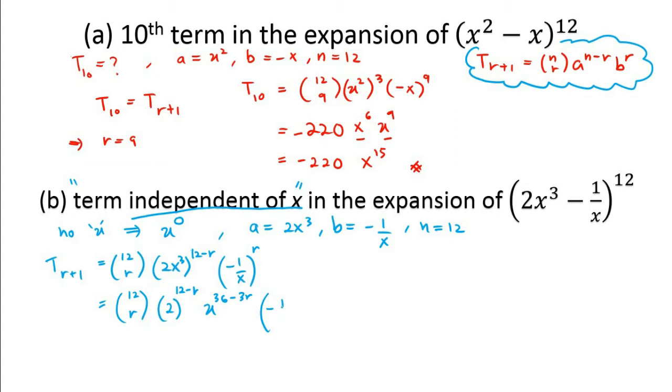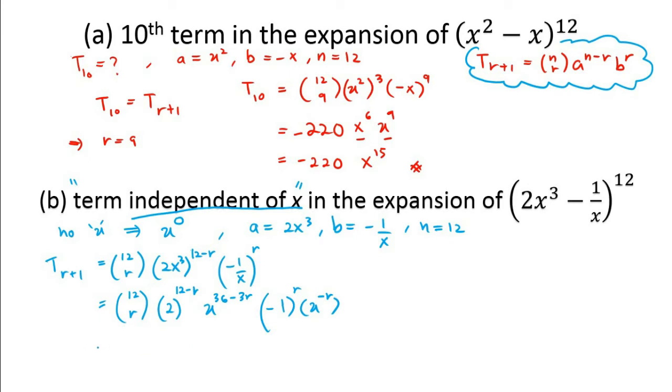Negative 1 also you can isolate, so it should be negative 1 to the power of r, and then we would have x to the power of negative r. Okay, agree, because we brought x to the top already, so that should be x to the power of negative 1, but eventually we multiply that with r.